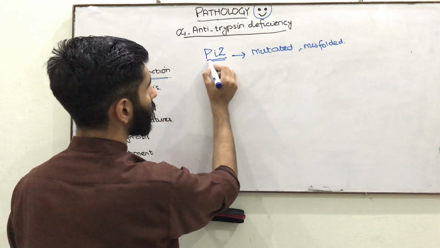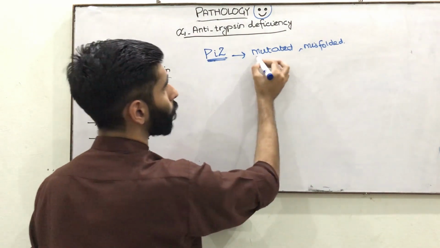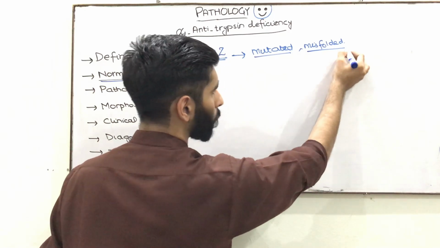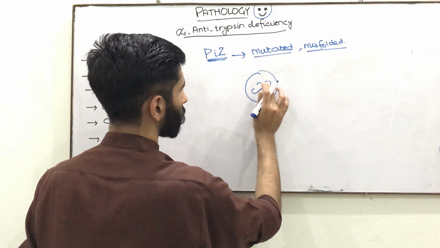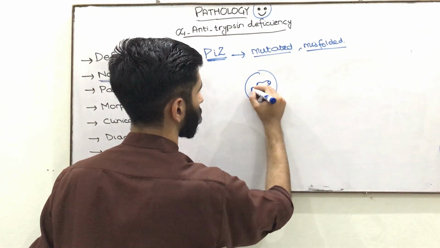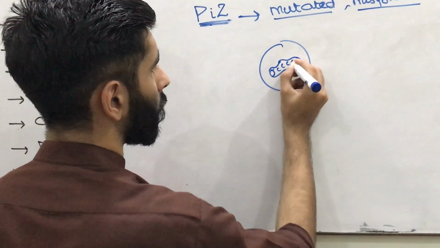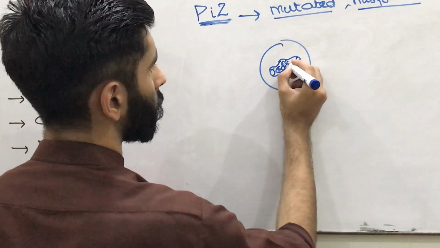But when there is PIZ polypeptide and it encodes for mutated and misfolded protein, these misfolded proteins cannot come out of the endoplasmic reticulum.